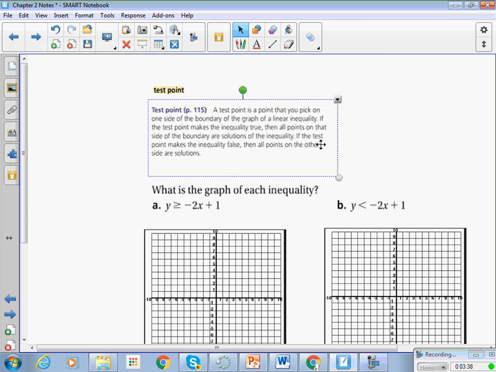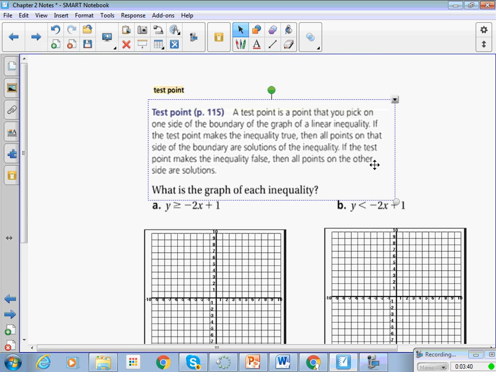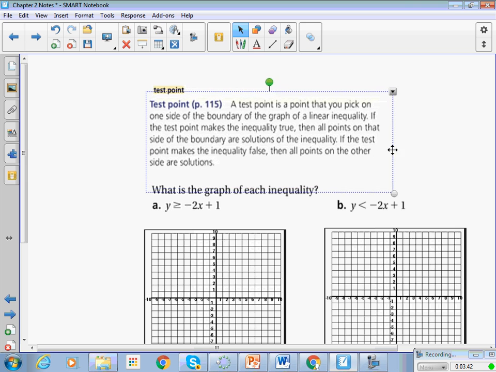All right, I do want you to have the definition for test point in your notes, because I'm going to ask you in the instructions to do this, and if you don't even know what it is, then we're in trouble. A test point is a point that you pick on one side of the boundary of the graph.